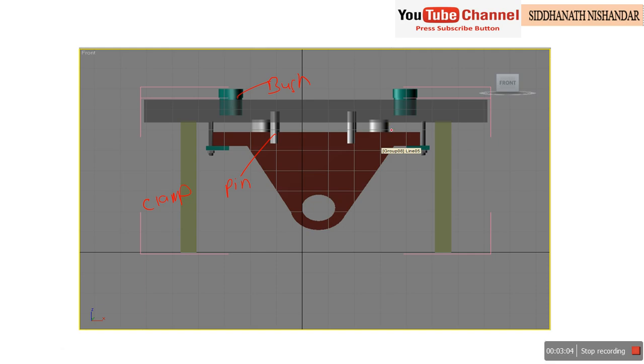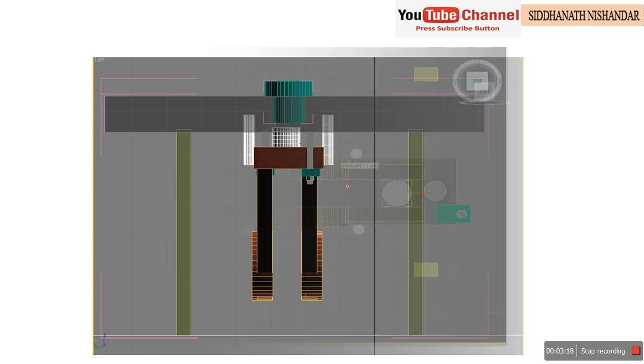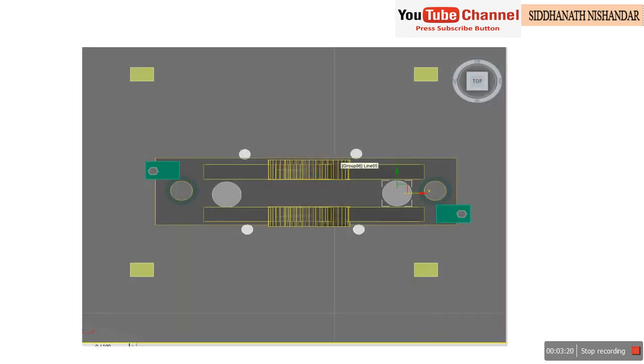This is the side view. You observe here, I prefer the strap clamp in cross here. This is from the top view.